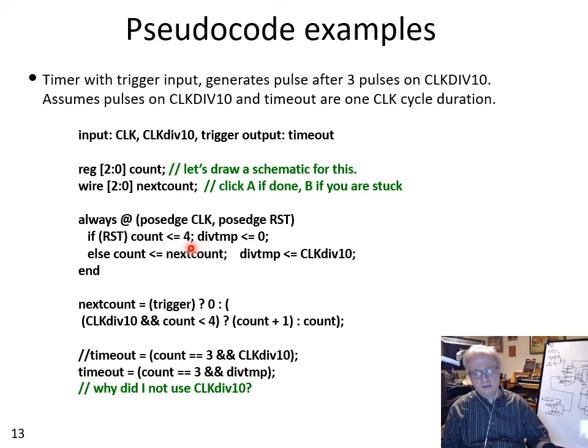Well, in this particular implementation, I'm using 4 as a value at which the counter waits until a trigger pulse is received, at which point the count is then set to 0, and it proceeds counting up from 0 until it reaches 4 again, and then it's not going to go further than 4. So we reset to 4 as the state that it's going to wait at. So really 4 is like a wait state.